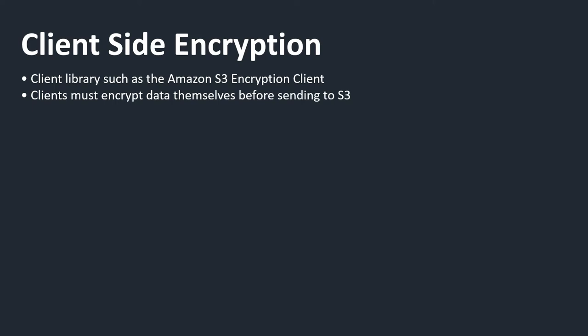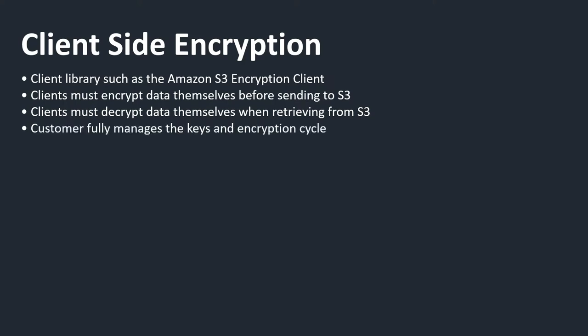And in case you receive data that is encrypted using client-side encryption, also CSE, then you are solely responsible for decrypting the data yourself as well. So you need to make sure you have the right key available. In client-side encryption, the customer manages entirely the key and the encryption cycle.